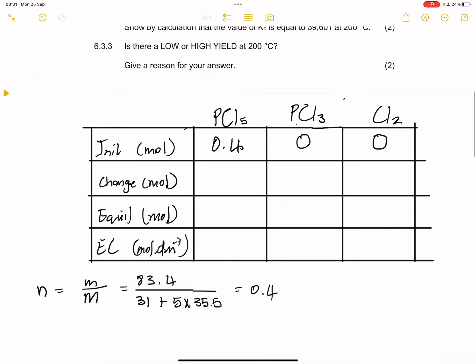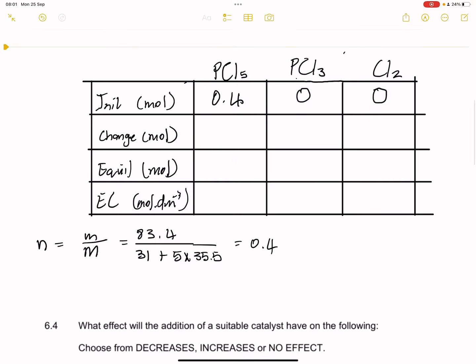So in this case, we know that the change is X, but remember, X moles per cubic decimeter. So how do I convert from X moles per cubic decimeters to moles?